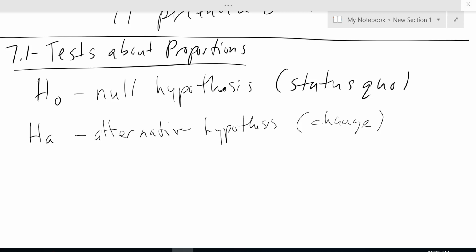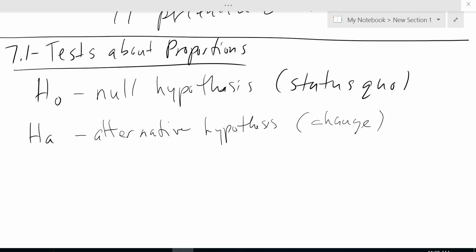Now, in the proportions scenario, we really are thinking about this as, I think the proportion is this. Do I want to see if it's changed off of that? Okay? So in typical statements, your null hypothesis is that your population proportion is equal to a certain percentage. That's what's typically referred to as a simple hypothesis.